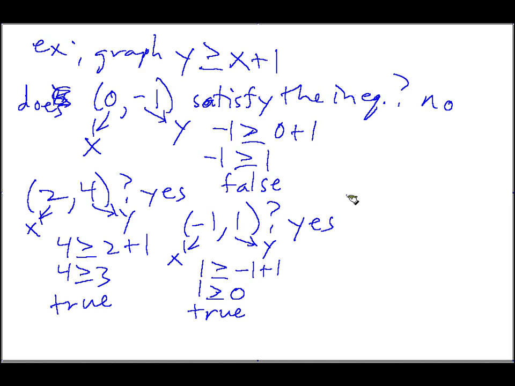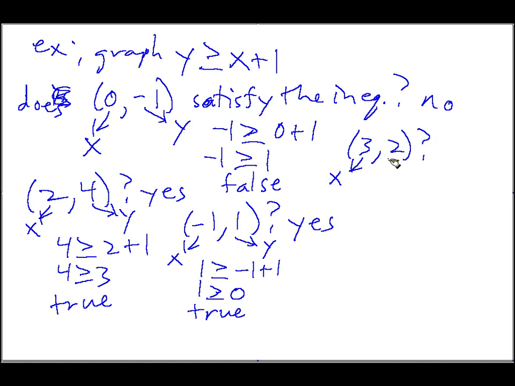Let's go ahead and test a couple more points here. I'm running out of space on this whiteboard, so I'll have to clear it out, but I'll put it back in the next screen if need be. Let's test this point out. How about the point 3, 2? Does this point satisfy this inequality? Once again, let's plug it in to check.